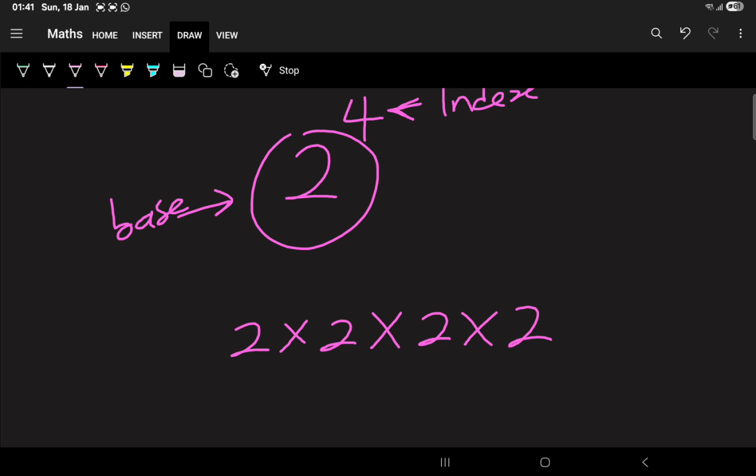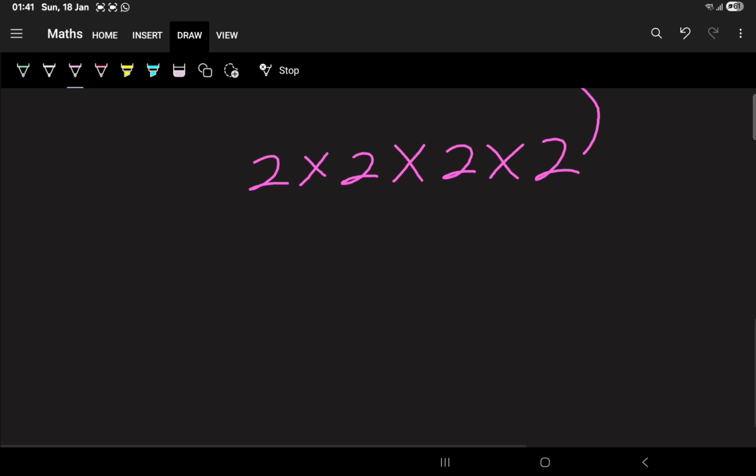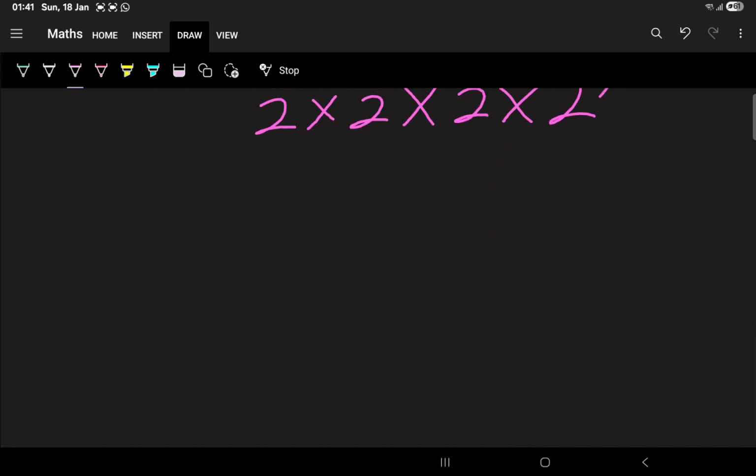So we can multiply the base 4 times, and this can be simplified in this expression. So this is the beauty of using index or indices. It fosters simplicity.